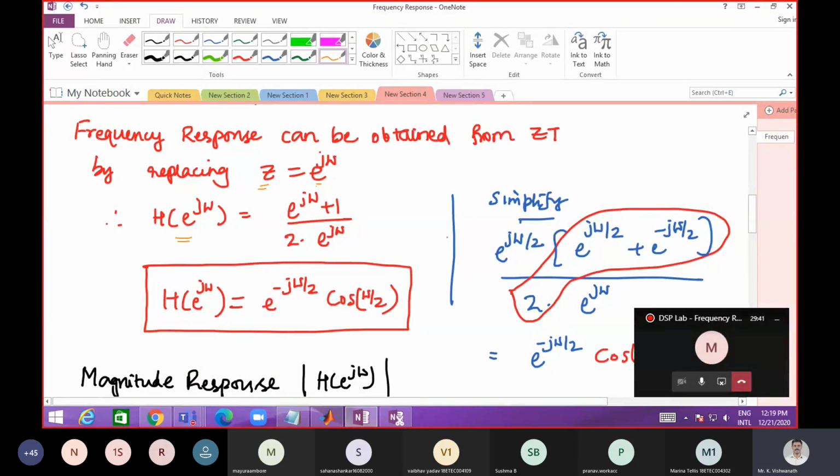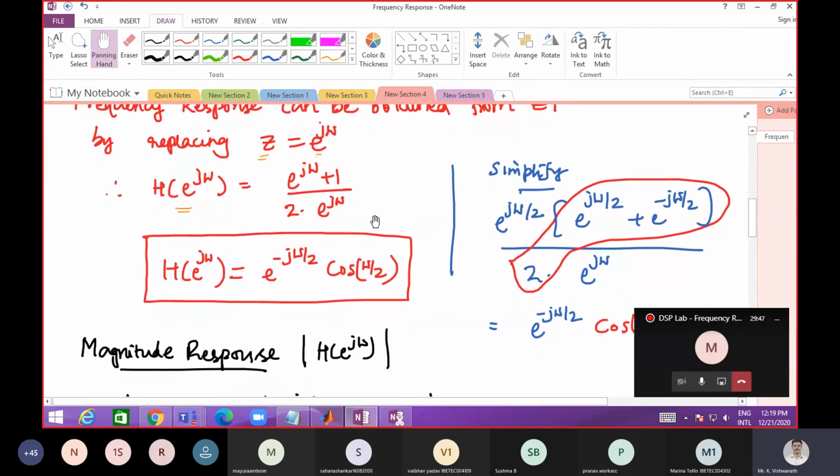Right? Now we can simplify this like this. e power j omega plus 1 can be written as, you take e power j omega by 2 common, and the other half will be remaining: e power j omega by 2 will be remaining here, and e power minus j omega by 2 will be remaining there, divided by 2 e power j omega. 2 e power j omega as it is.